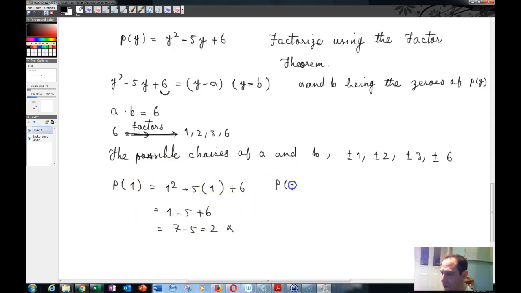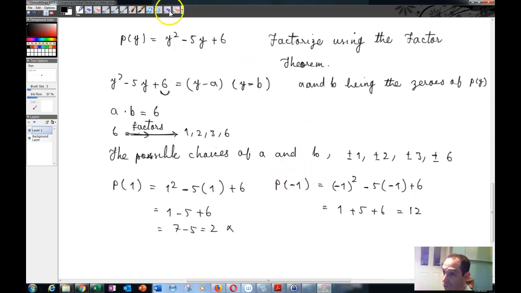Now if you have P of negative 1, for example, what you would have is negative 1 whole squared minus 5 times negative 1 plus 6, and then you would have 1 plus 5 plus 6, which is equal to 12. So that's not the right number either.